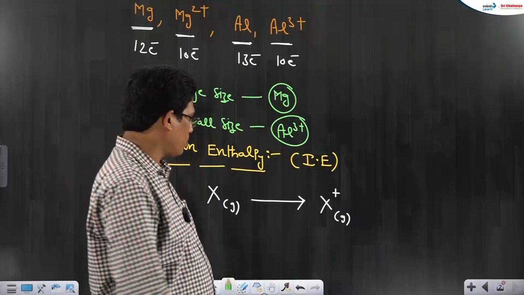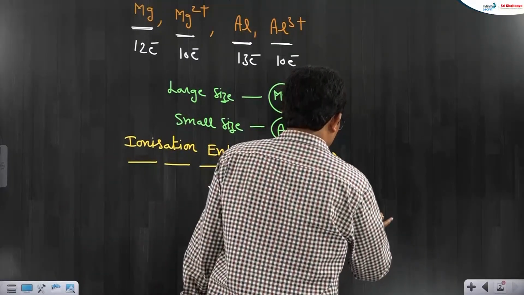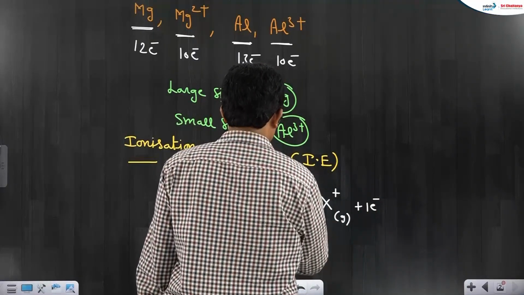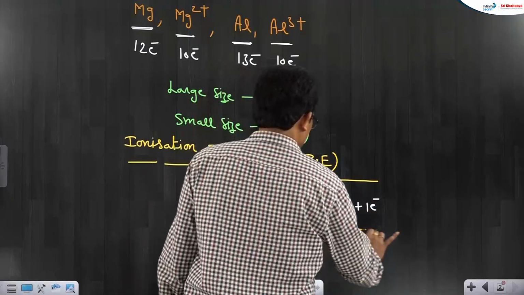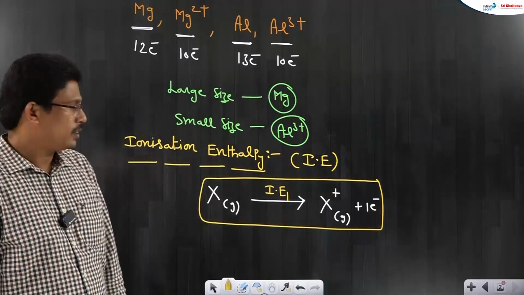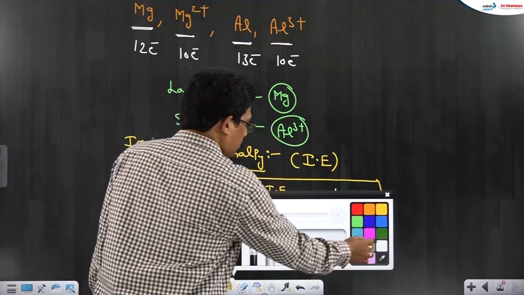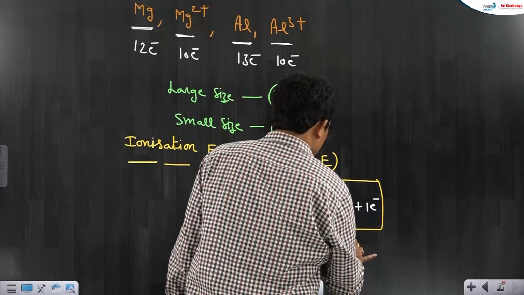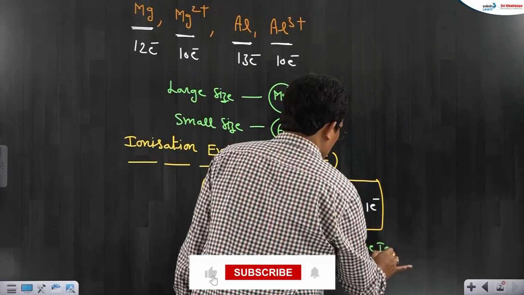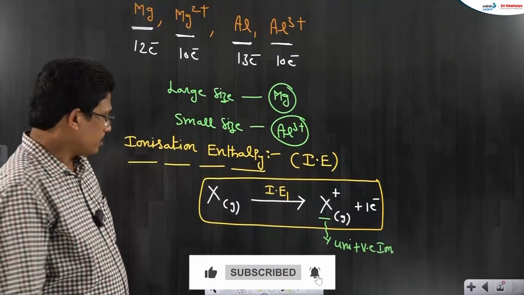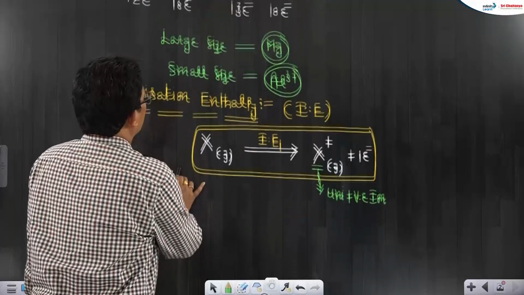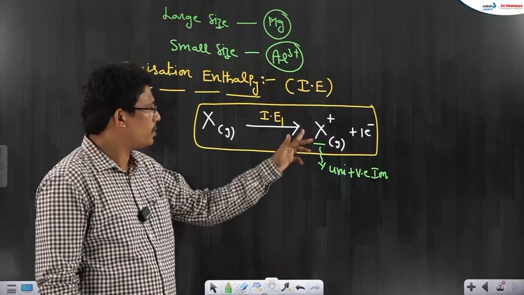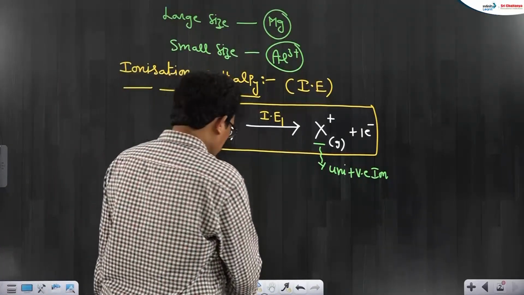Here one electron is removed, that's why that energy is also known as first ionization energy, IE1. After removing one electron from a neutral atom, we get a unipositive ion. In a unipositive ion, the number of protons is more compared with the number of electrons, or the number of electrons is less compared with protons.